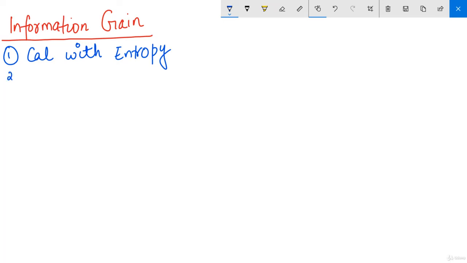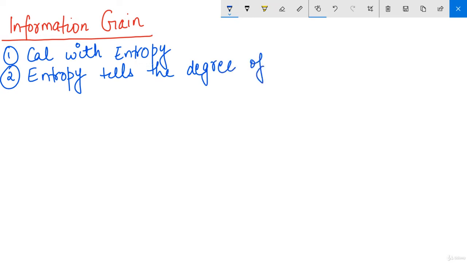Entropy tells the degree of disorder or disturbance or noise present in the dataset.